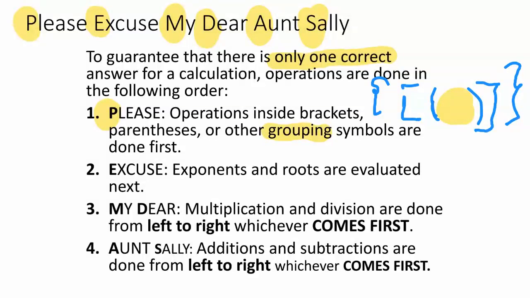Once we've done the parentheses, we do the brackets, and then we finish by doing what's between the braces. So we are going inside out when it comes to grouping symbols.